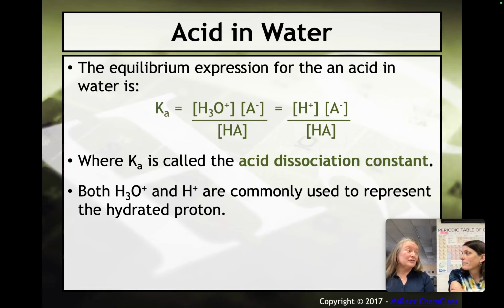Hydronium ion also gives you the sense of two water molecules interacting with each other: one of them becomes a hydronium ion, one of them becomes a hydroxide ion. Anyway, H3O plus and H plus essentially mean the same thing. In the equilibrium expression above, we have it written either way, so you can write it either way.